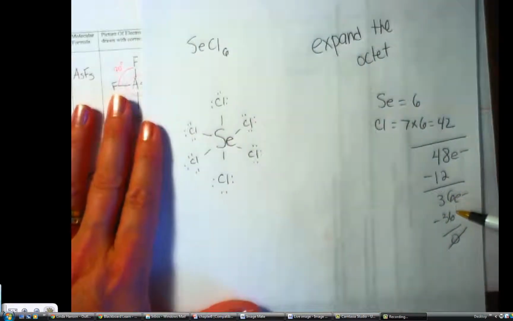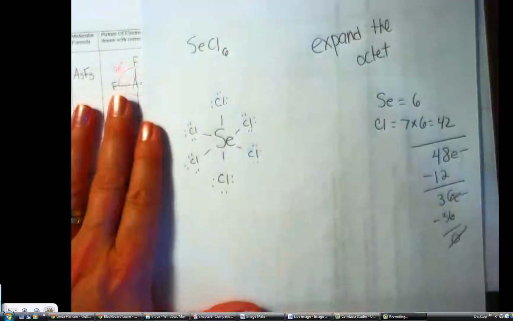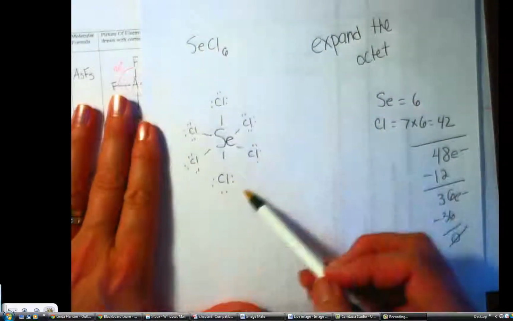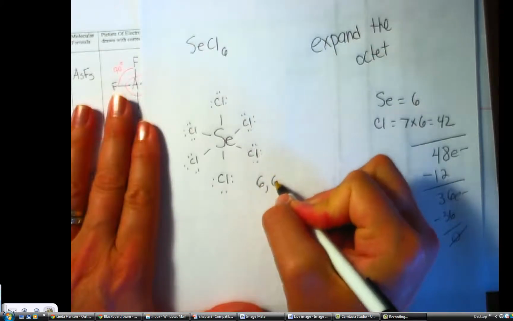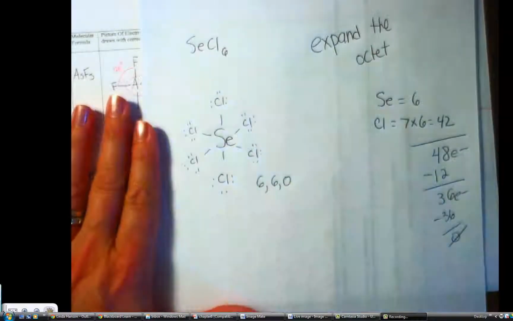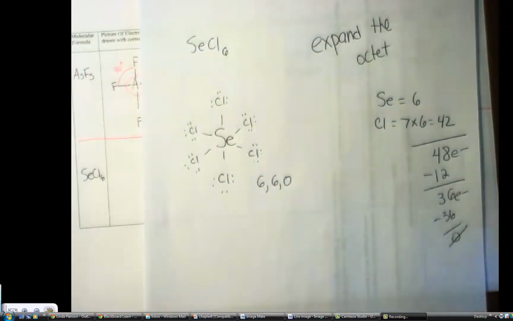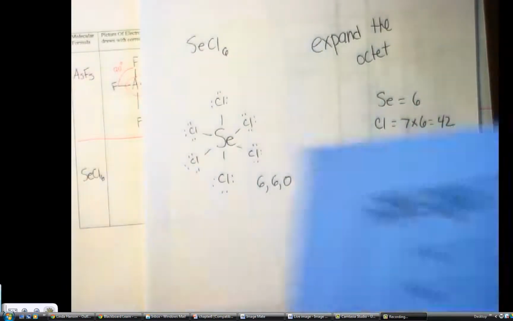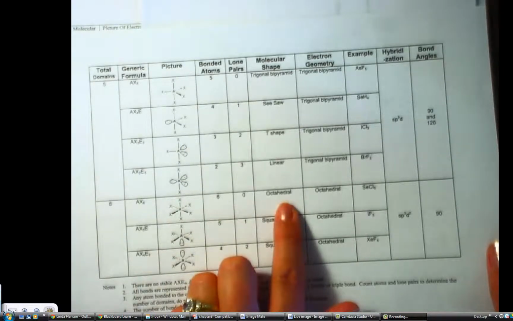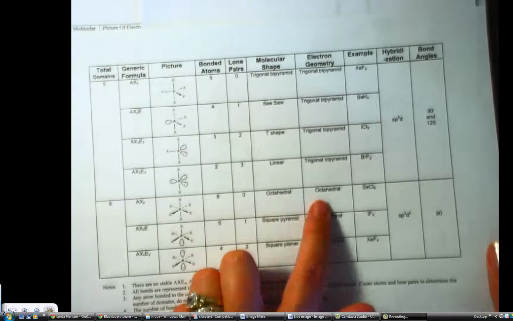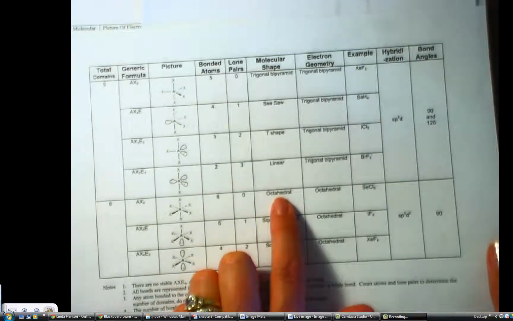If there are remaining dots, that's where they go next, is on the central atom. So this is our rough draft. We have 6 electron domains. All 6 are bonded, none are unbonded. With the VSEPR chart, we need to find the 6 domains, all 6 bonded, none are unbonded. It's going to look like an octahedral structure, both for electrons and the molecular shape.